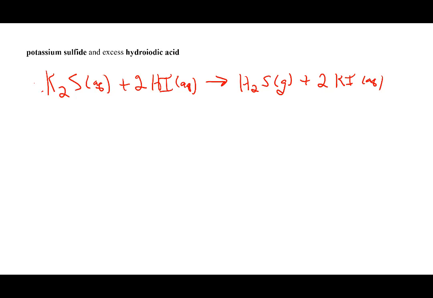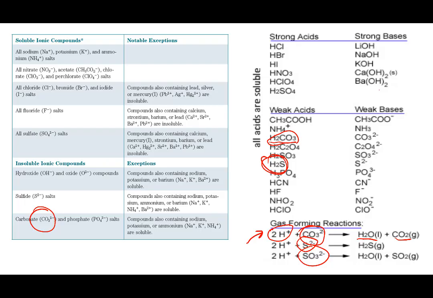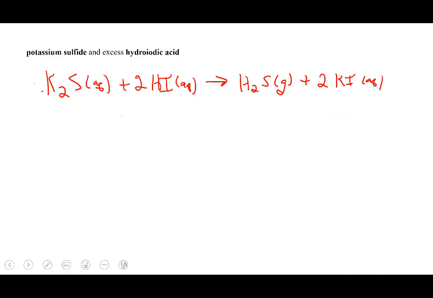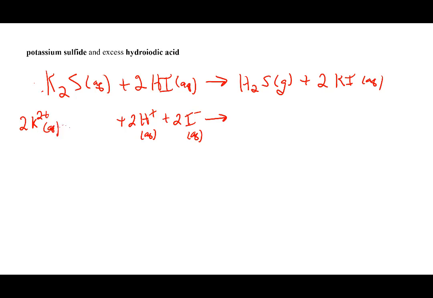Now, remember that HI is one of the strong acids, so it is broken up into ions. So it's going to be 2H plus aqueous plus 2I minus aqueous. And the potassium sulfide is a soluble salt, so it's 2K plus aqueous plus S2 minus aqueous, because all soluble salts are broken up.